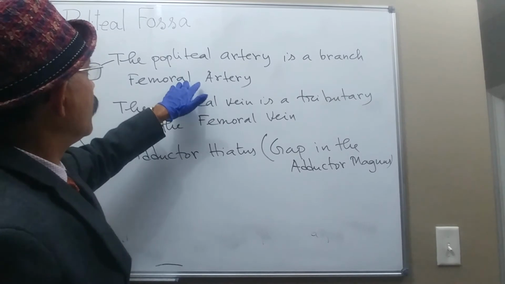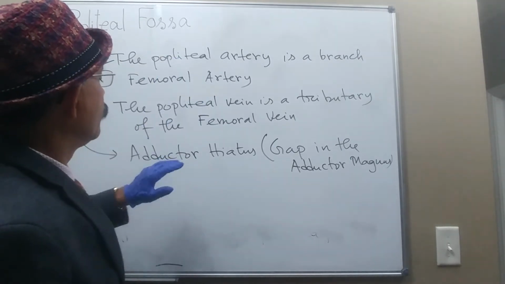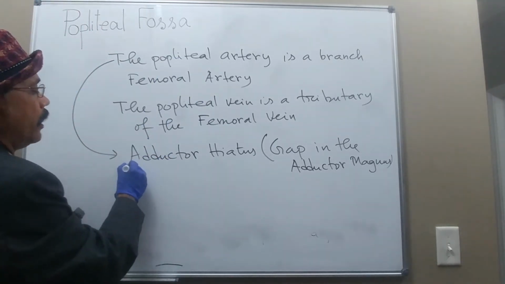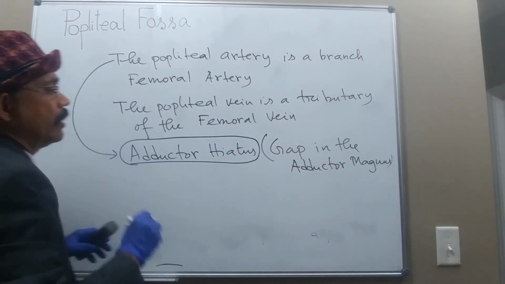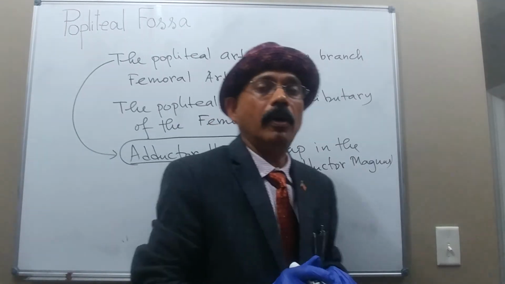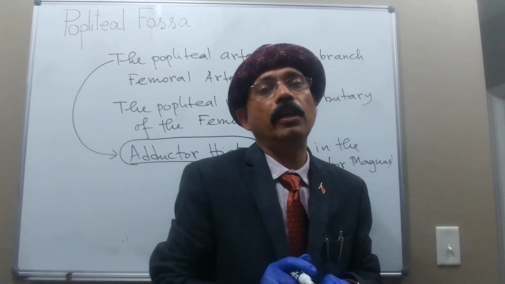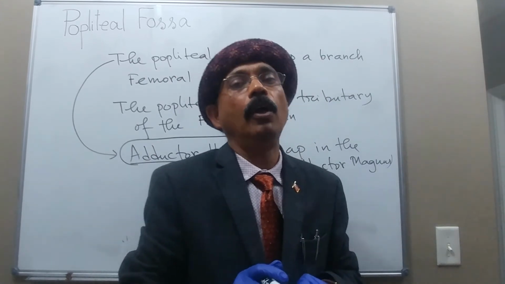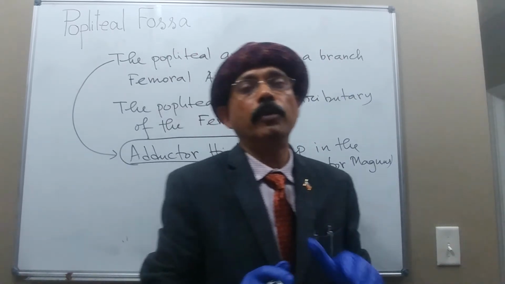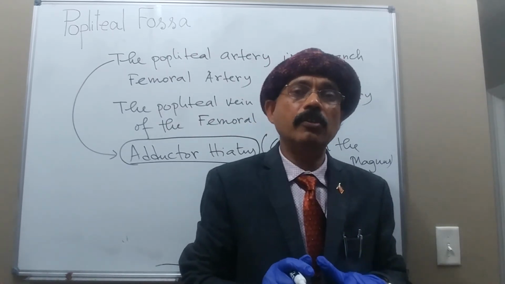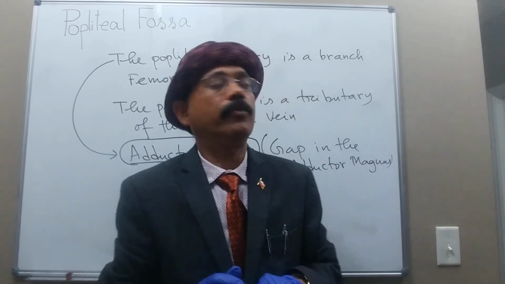This is a branch of the femoral artery, so they use the adductor hiatus. This is the gap in the adductor magnus. The adductor hiatus also contains the posterior division of the obturator nerve. So the obturator nerve posterior division we may include as a content of the popliteal fossa.